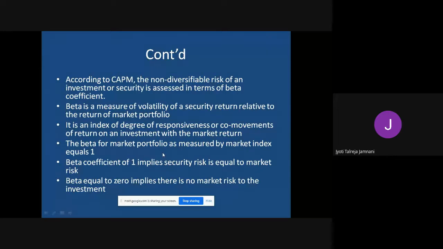According to CAPM, the non-diversifiable risk of an investment or security is assessed in terms of the beta coefficient. So we are going to use this beta value in solving the CAPM model. That's why I have to tell you a little bit of theory. So the non-diversifiable risk or the market risk is measured in terms of beta. I will not teach you how to calculate beta.